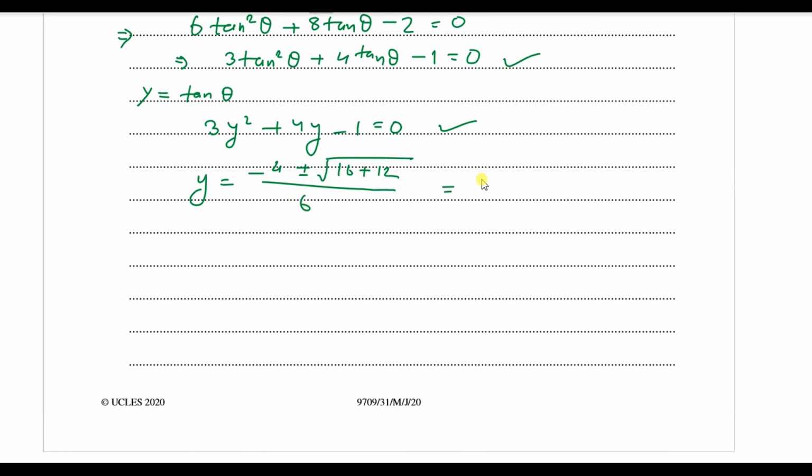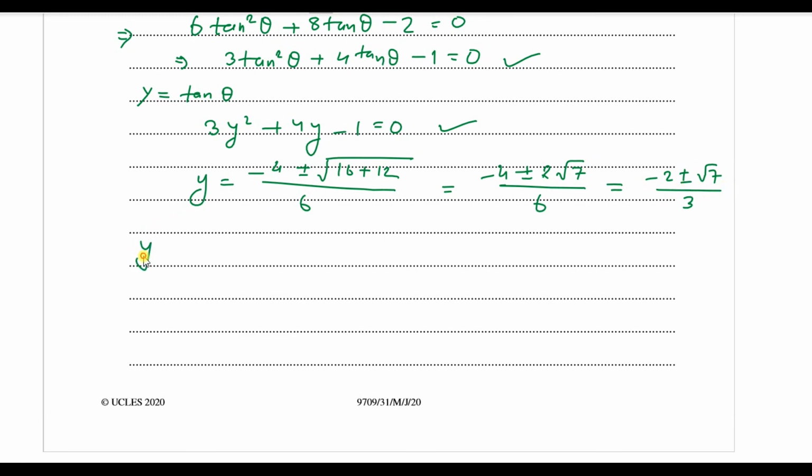So it can be written as minus 4 plus minus root of 16 and 12, which is 28. So 28 can be written as 4 times 7, which is 2 outside, and root 7 over 6, which can be written as minus 2 plus minus root 7 over 3. It was not required, but I have written it.